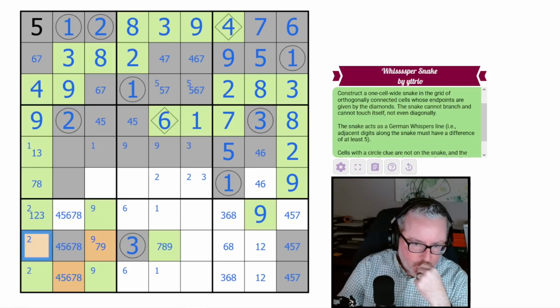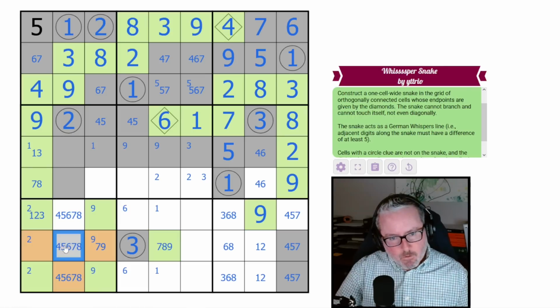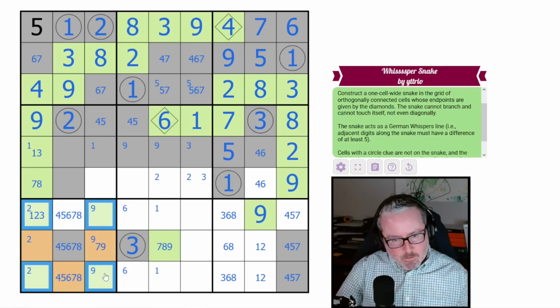Because if we went this way, again, we'd have all 4 low digits. There's no way that, wait, there's no way that works, because where do you put the 4 if these are all low?